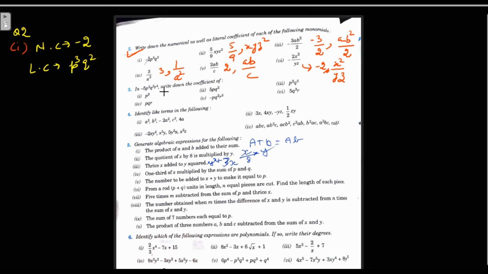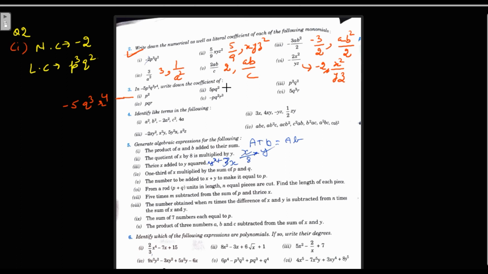In this expression, excluding p square, all the rest are the coefficient of p. So if we exclude p square here, then all remaining are its coefficients. So the coefficient would be minus 5 q cube r raised to power 4.